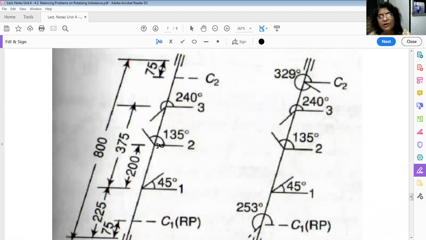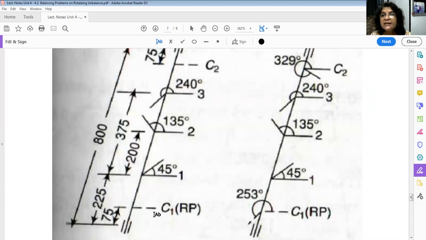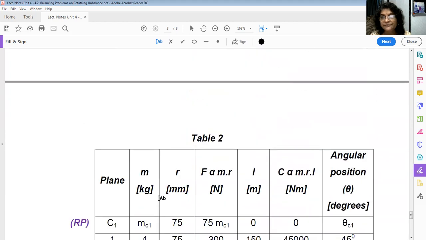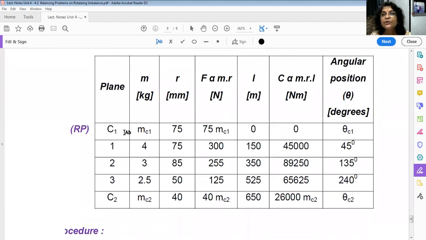You can select along the any length of the shaft, but it is always convenient to select the plane at any mass because we know the distances from each other. Okay, now here we have selected the reference plane at C1. Okay, why C1? That we'll see. Okay, so why C1? Now let us look at the force column.